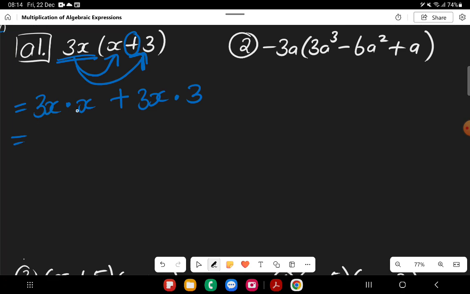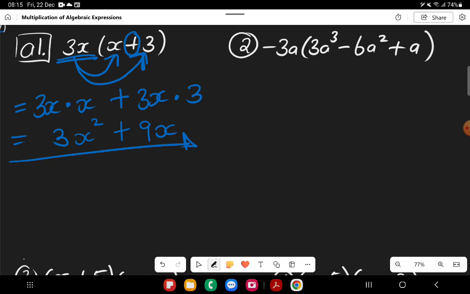So 3 times 1 is 3, x times x is x squared, plus 3 times 3 is 9, x on its own. And that is my answer. I cannot add these two terms to each other because x squared and x are not the same thing.